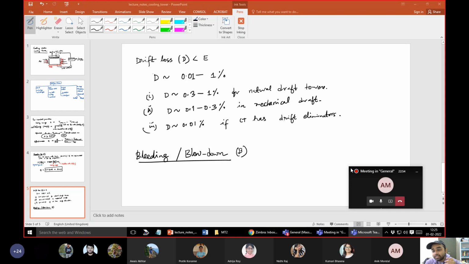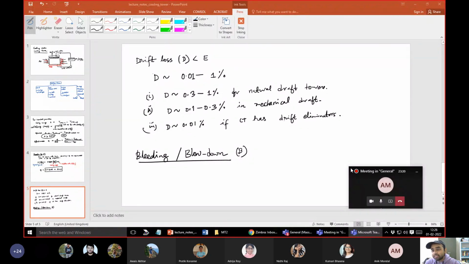Now, when it increases beyond a threshold limit that is decided by the manufacturers, that will cause a significant amount of scaling or fouling, and then you have to stop it. When it starts to hit that range, you cannot operate it further. So what is this blowdown? You bleed, or purge out, an amount of this concentrated liquid, just throw it out from the system, and you use fresh water to make up the volume.